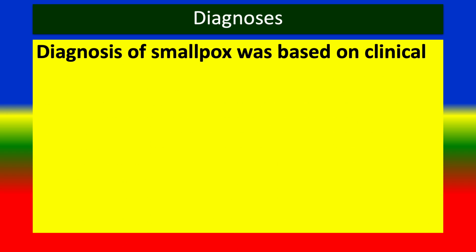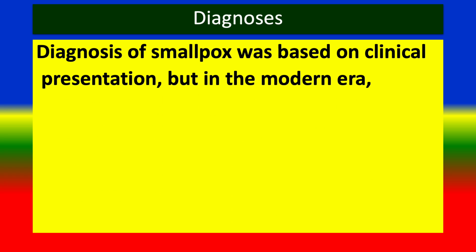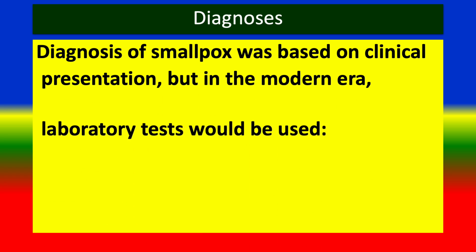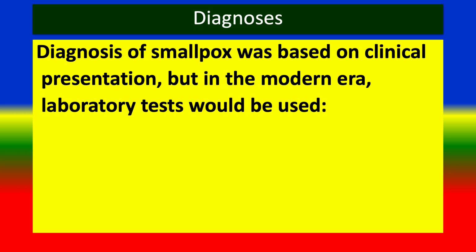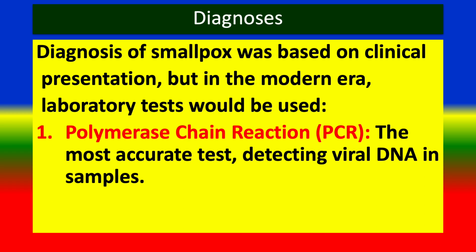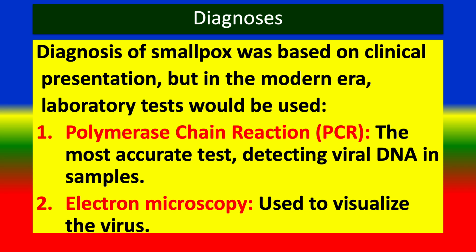Diagnosis. Diagnosis of smallpox was based on clinical presentation, but in the modern era, laboratory tests would be used. 1. Polymerase chain reaction (PCR), the most accurate test, detecting viral DNA in samples. 2.